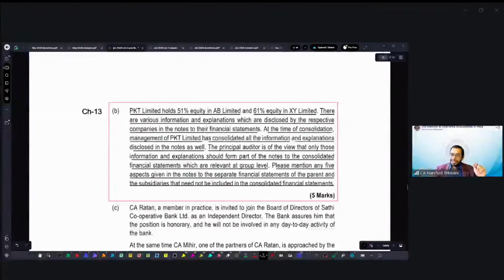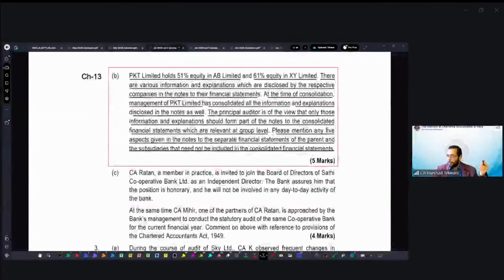But standards, or let's say circulars, always specify what you are required to disclose. So always the standards, the circulars and the law provide what you are required to disclose rather than what you are not required to disclose.